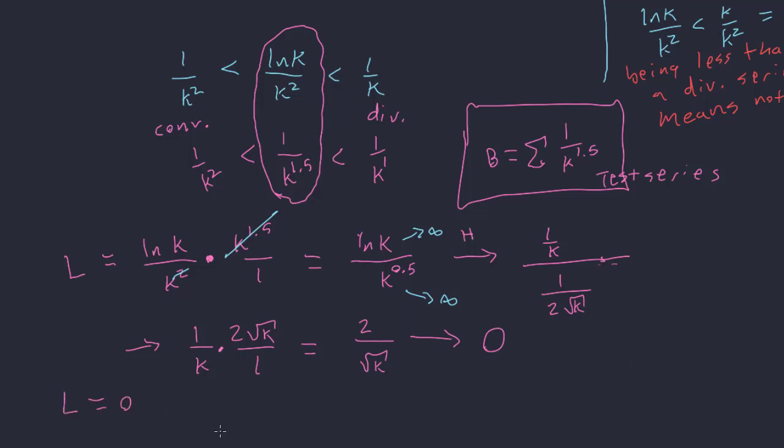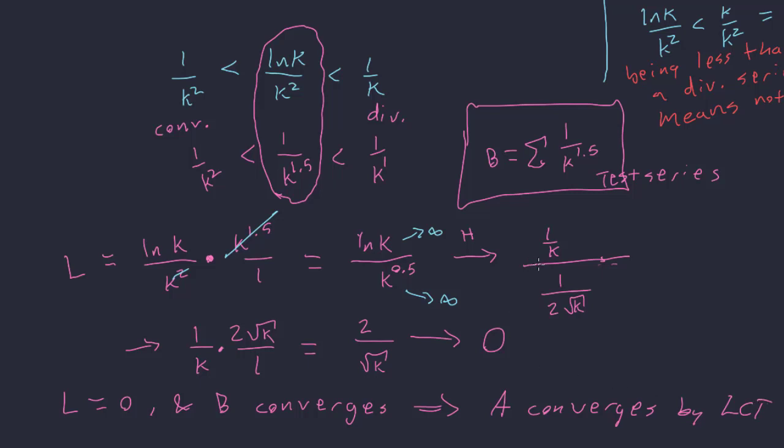So this should actually work, because by the limit comparison test, if L is equal to 0 and B converges, this implies that A converges by the limit comparison test. And that's exactly what we have.